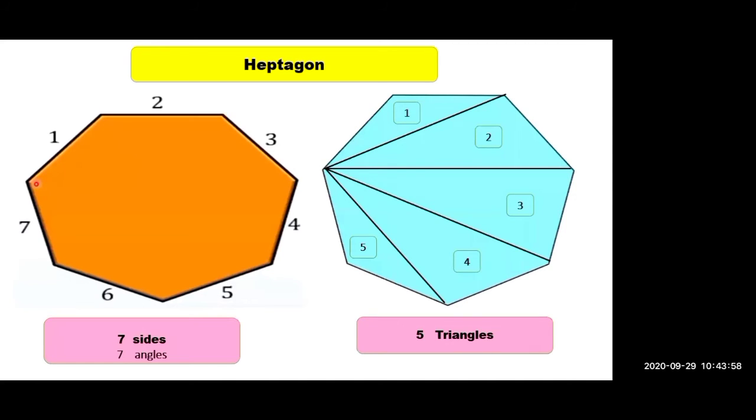Okay. And how many triangles can be formed from one vertex in heptagon? 1, 2, 3, 4 and 5. So in heptagon, 7 sides, 7 angles and 5 triangles are formed.